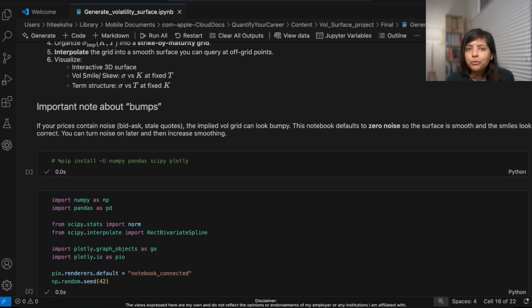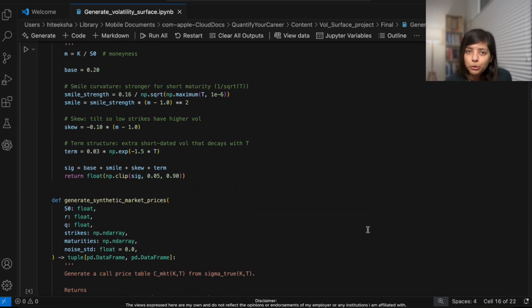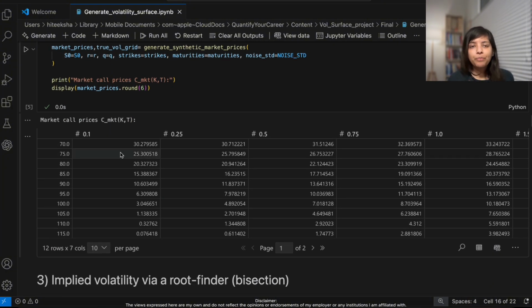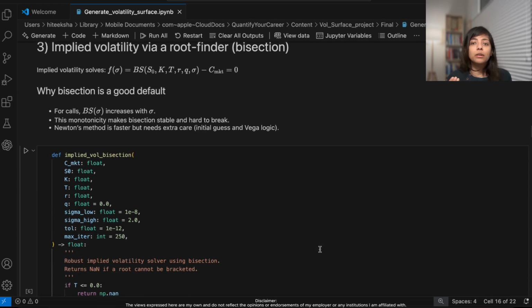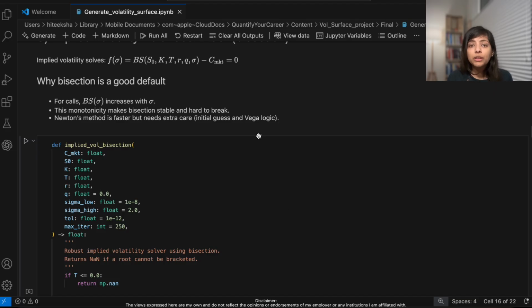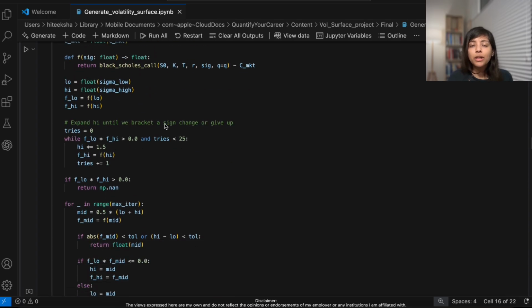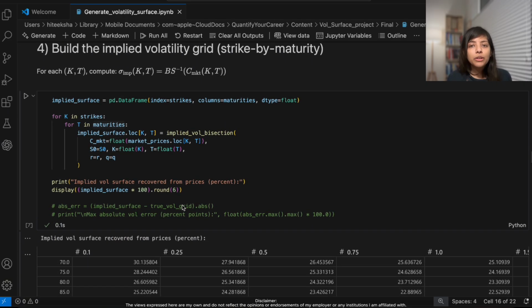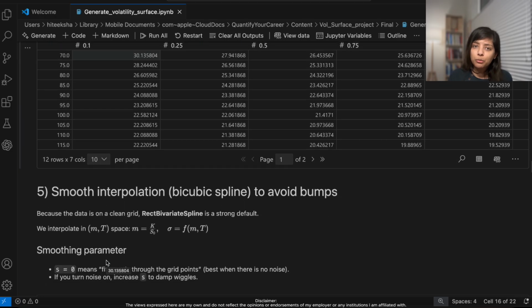So let me just quickly recap everything we did in the notebook step by step. We started with option prices, organized them in a grid by strike and maturity. We implemented the Black-Scholes call pricing formula from scratch, so we understand exactly how it works. We inverted that formula using a bisection root finder to extract implied volatility from each market price. Then we created a complete implied volatility grid with the same structure as our price table.